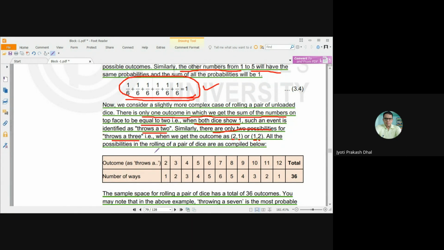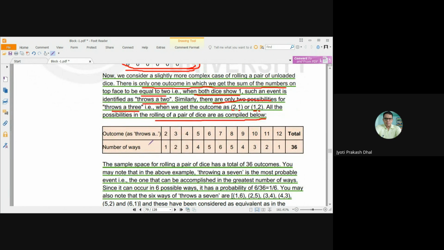So all the possibilities of rolling a pair of dice are shown below. If the outcome is 2, the number of ways is 1. If the outcome is 3, the number of ways is 2. For outcome 4, the number of ways is 3. For outcome 5, the number of ways is 4.